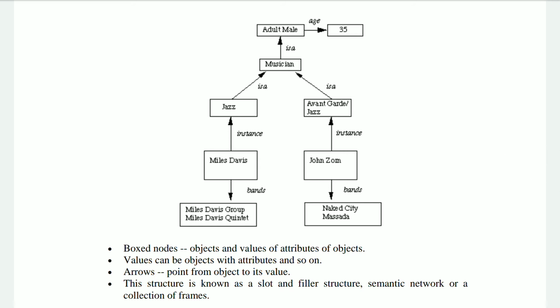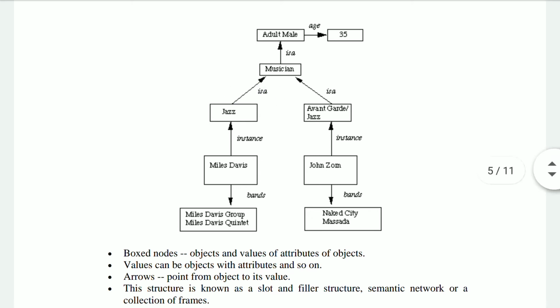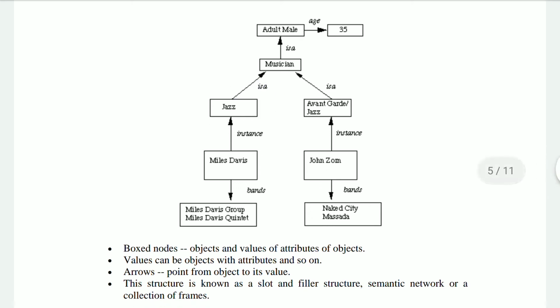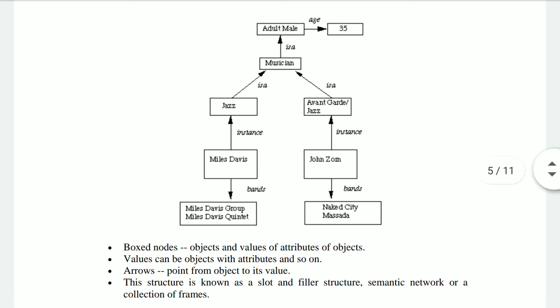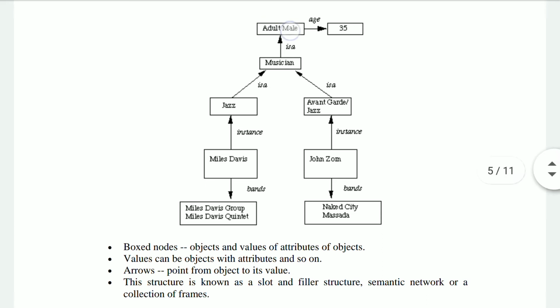Now, this jazz is under the is-a inheritance. This talks about Miles Davis, that he is a musician, and in a much more generalized fashion, he is an adult male having an age of 35.